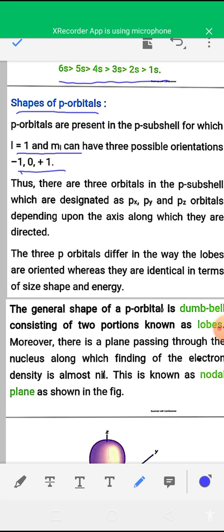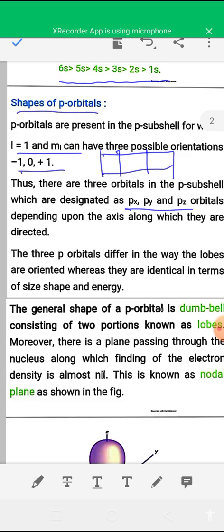So the p subshell has three p orbitals, which are designated as px, py and pz.